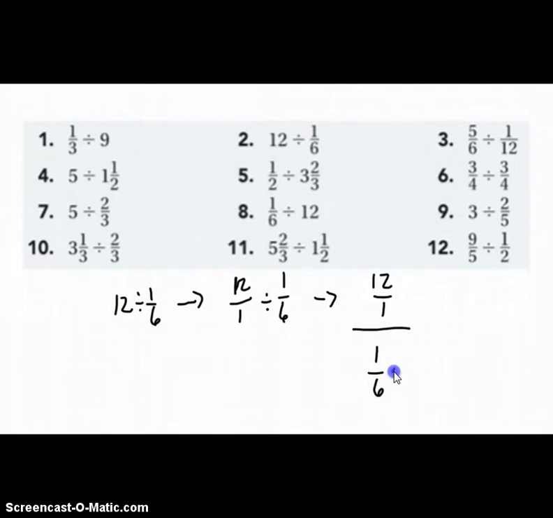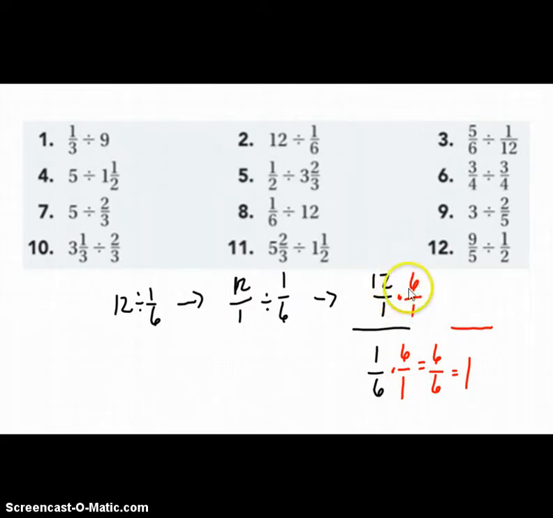I can do that by multiplying by the reciprocal. The reciprocal would be 6 over 1. So 1 times 6 equals 6, 6 times 1 equals 6, and that equals 1. So my denominator is now 1. But because I multiplied the denominator of this part by a reciprocal, I also have to multiply the numerator by the reciprocal.